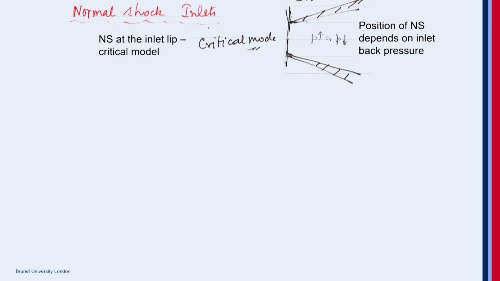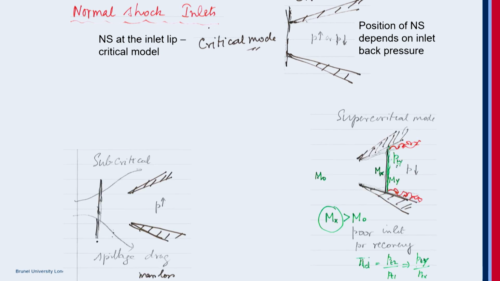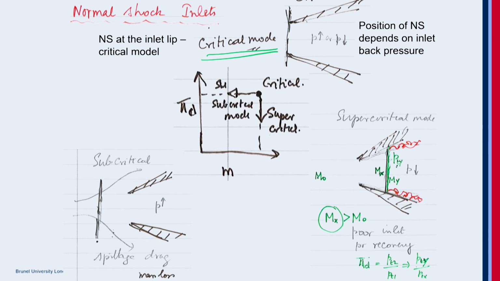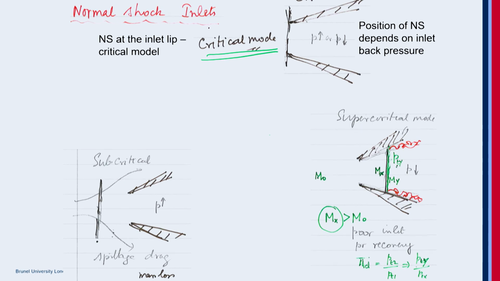Now, the normal shock position defines whether it is effective in its operation or not. What are the challenges faced? I've shown the 3 positions here. So this is the design mode of operation, which is called the critical mode, where there is no spillage. The back pressure can increase or decrease in the operation phase.